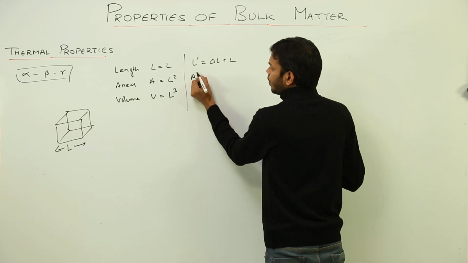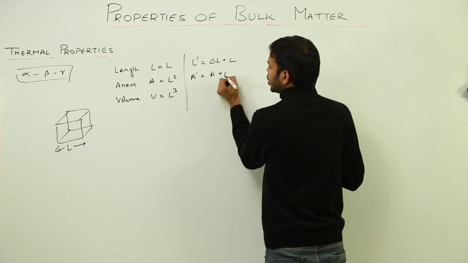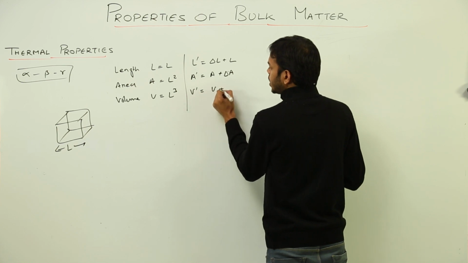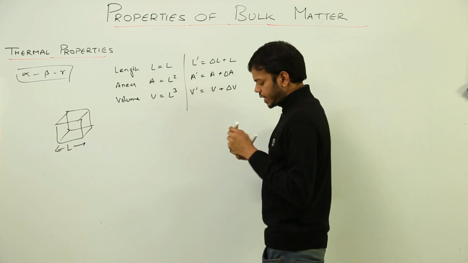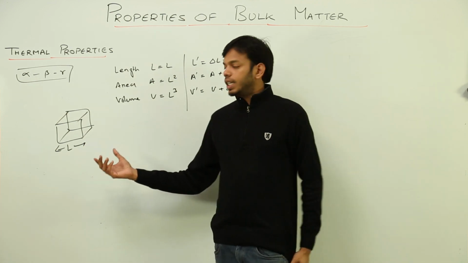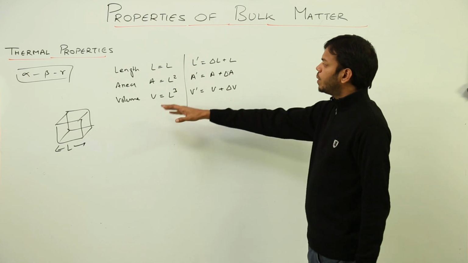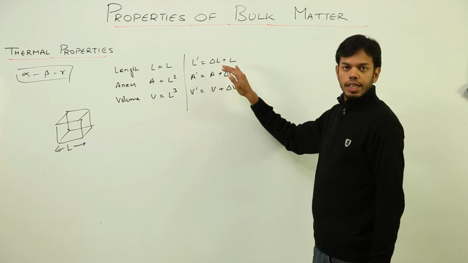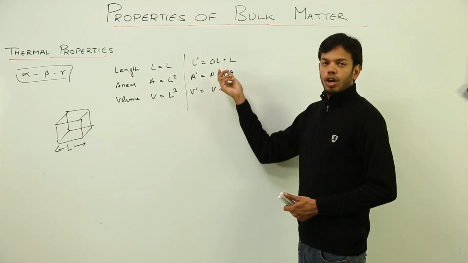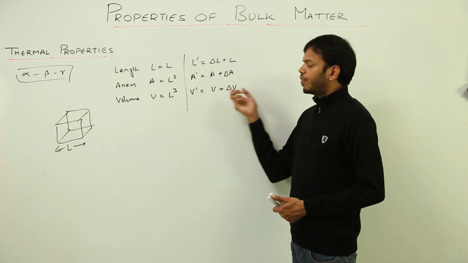Similarly, area would be area plus change in area, and volume would be original volume plus change in volume. So what has happened now? We have increased its temperature, due to which there is a small increase in length. So final length would be delta L plus original length. Then similarly area would be delta A plus original area, and volume would be delta V plus original volume.